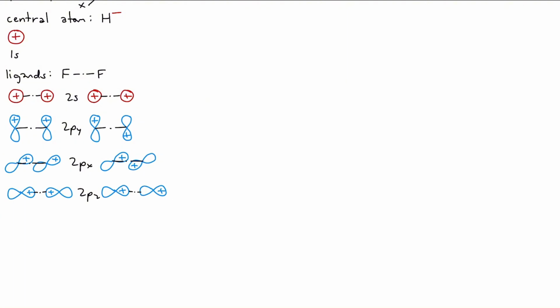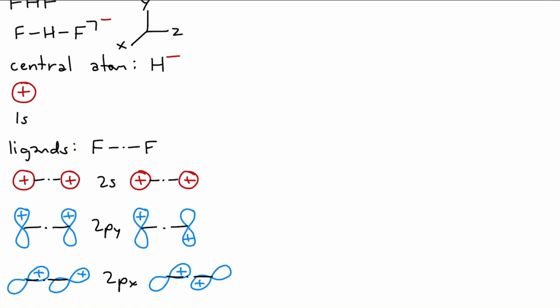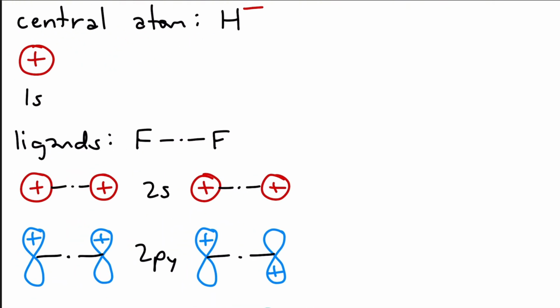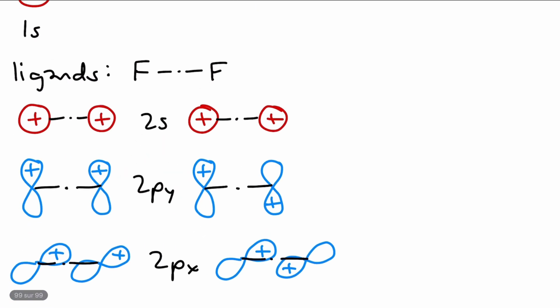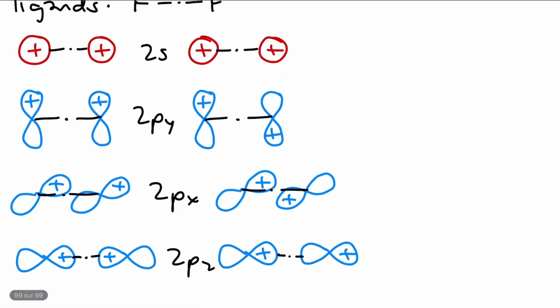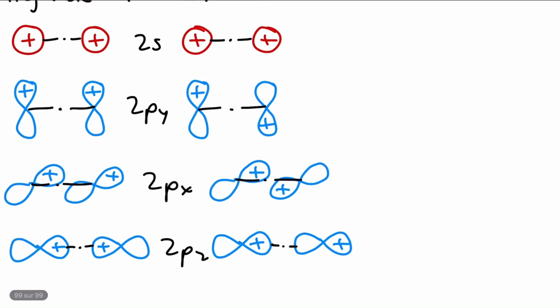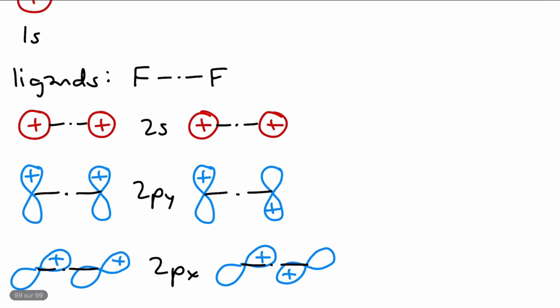What we're going to do next is we're going to also see which orbitals interact in terms of energy, because the 2s of fluorine and the 2py, 2px, and 2pz of fluorine are in different energy levels. So then we need to consider which orbital interacts in terms of energy.